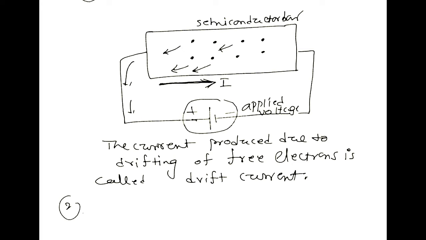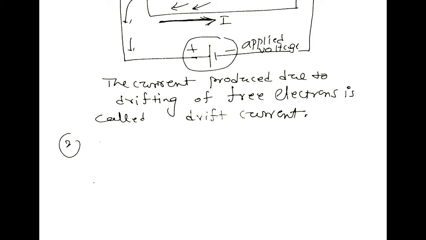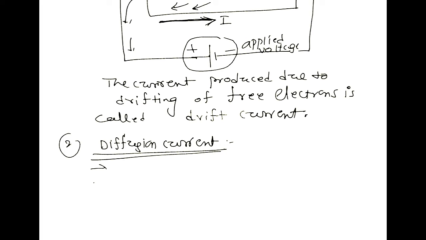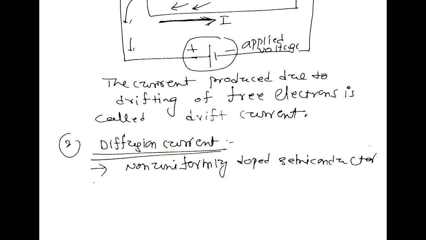Another kind of mechanism for current flow is diffusion, that is, diffusion current. This diffusion current exists in a non-uniformly doped semiconductor.